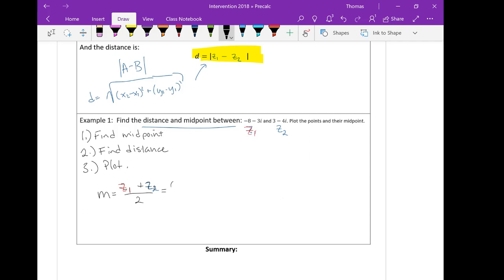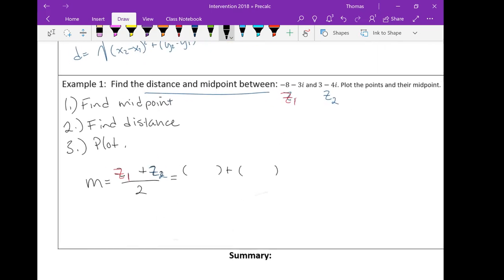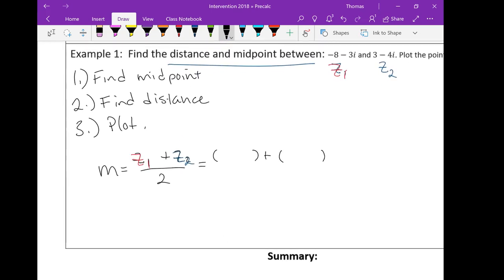And it's really important that when we plug expressions in, we include our parentheses, because when I plug in Z1, I'm going to be plugging in negative numbers, and the same when I plug in Z2. Sometimes it's really easy to mix up our signs if we don't keep track by putting parentheses on them first.